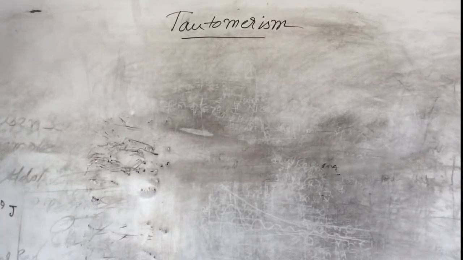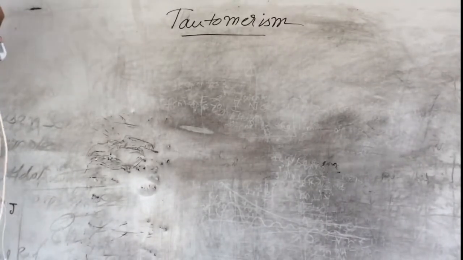So we can see tautomerism when two compounds which are isomers of each other exist in equilibrium and they are interconvertible.